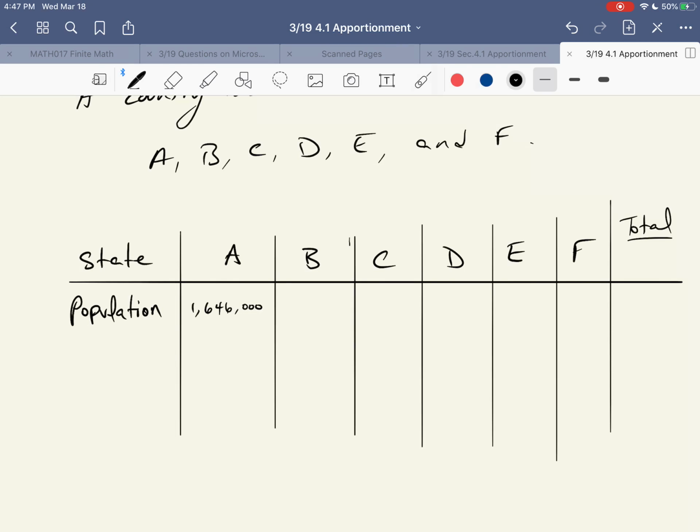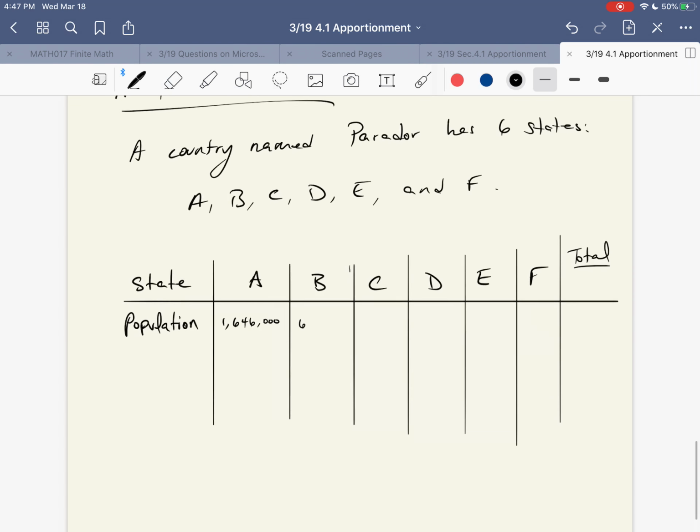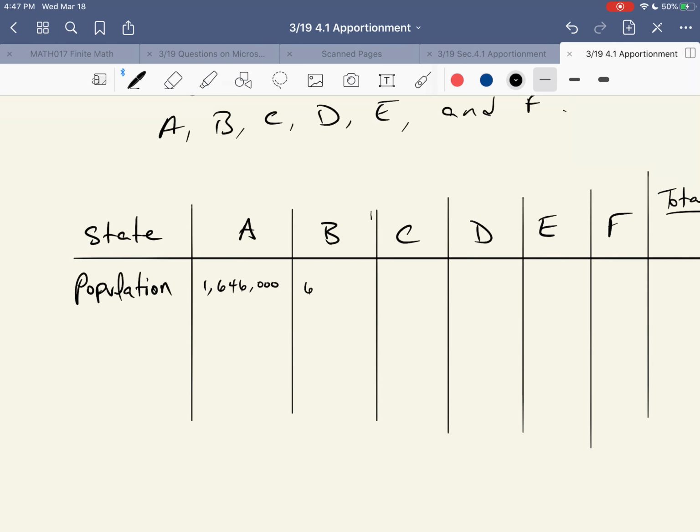Next one is 6,936. State C is 154,000, so state C is a small one.